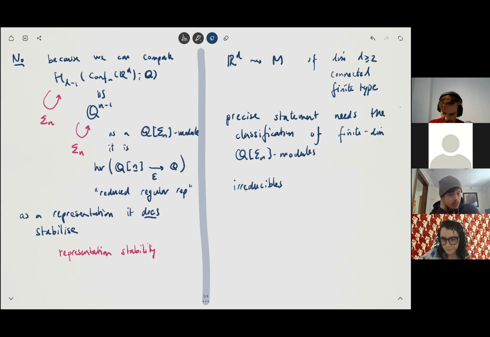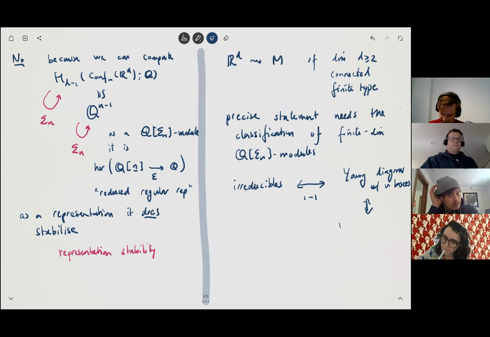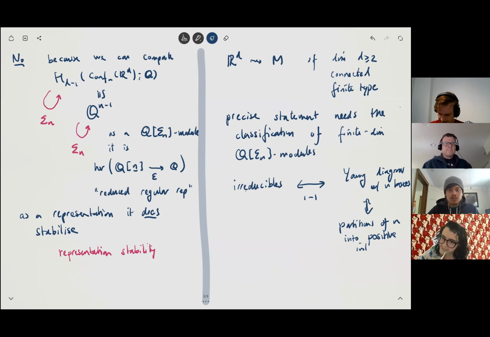And the irreducibles are in bijection with one of two equivalent types of combinatorial objects, either Young diagrams with n boxes, or equivalently partitions of the integer n into positive integers. So let's use the latter description.